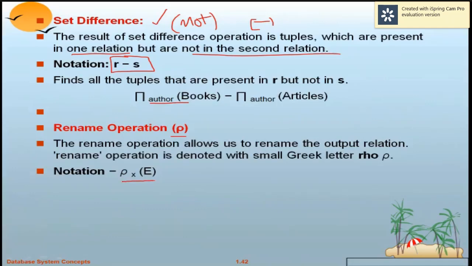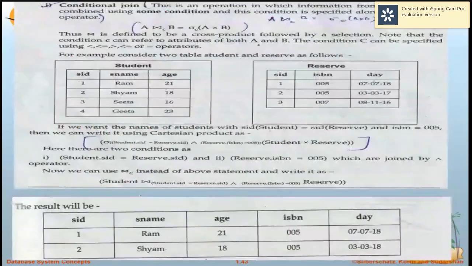Rho of x in brackets E. What is this x? x is nothing but the new name you are trying to impose on a relation, whereas E is the old name, where small x is the new name. So this is about the rename operator.